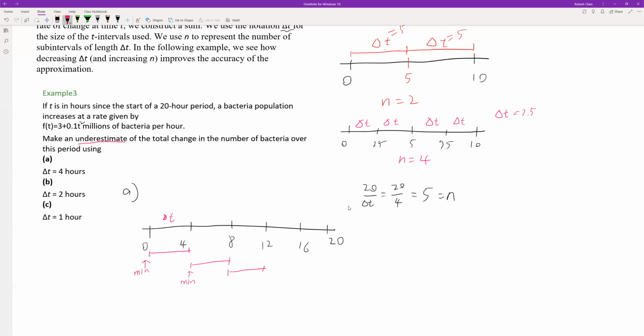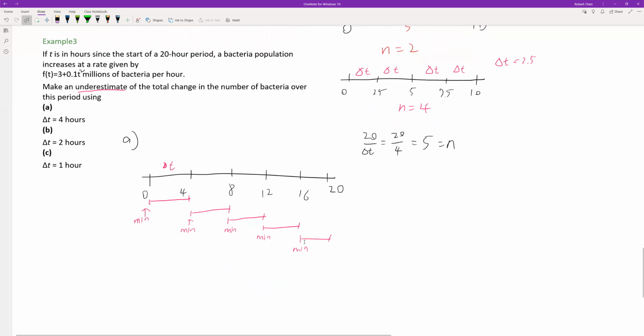Between 8 to 12, the minimum will be here. Between 12 and 16, the minimum will be here. Between 16 and 20, the minimum will be here. So we want to estimate what the bacteria is at 0 for 4 hours, and then what it is at 4 for another 4 hours, what it is at 8 for 4 hours, and so on.